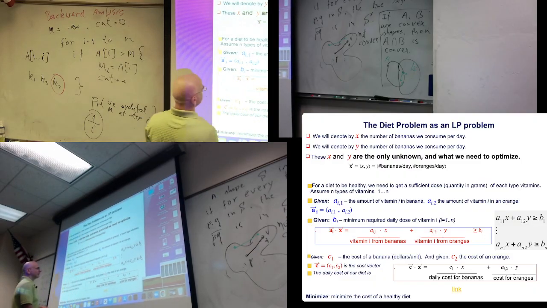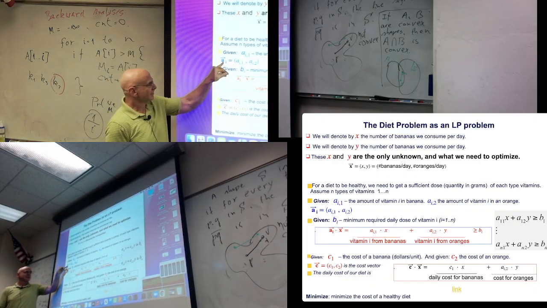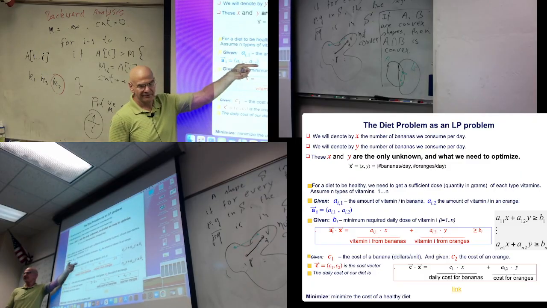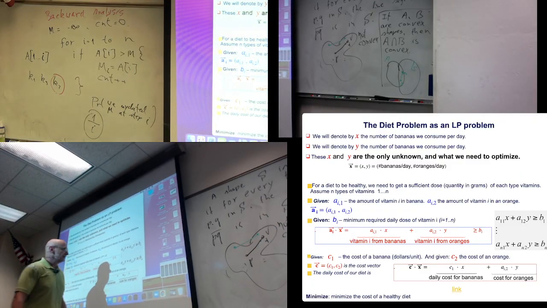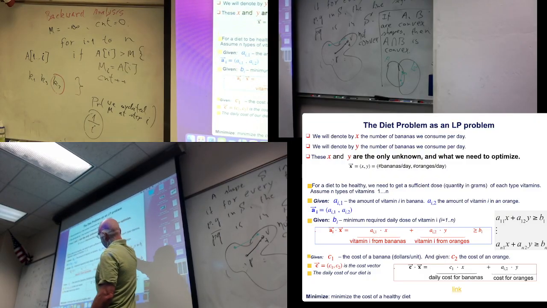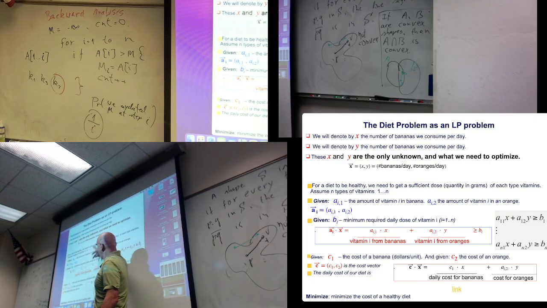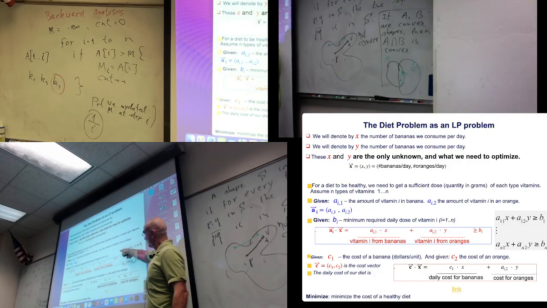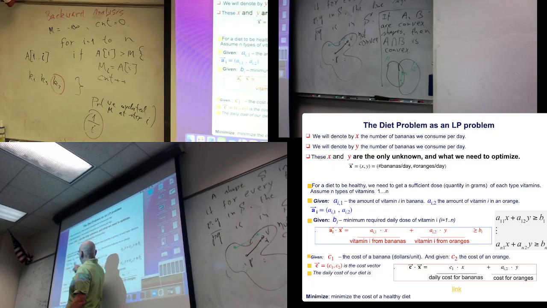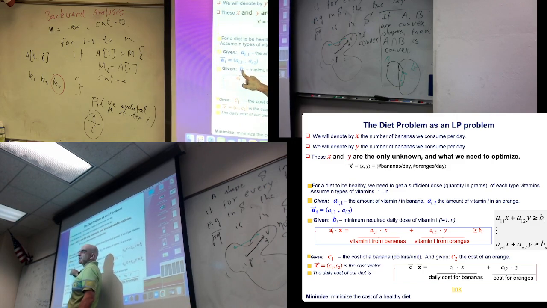Data that I got from elsewhere. If you like vectors, A_i makes it a vector. If you don't, that's fine, you don't need it. What other things do I know from my health sources? That from vitamin i I need at least b_i units per day, otherwise my diet is not healthy.